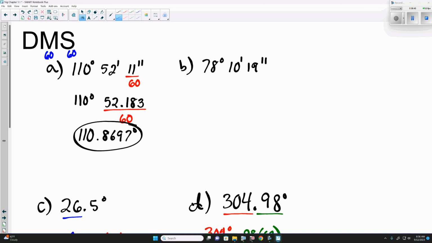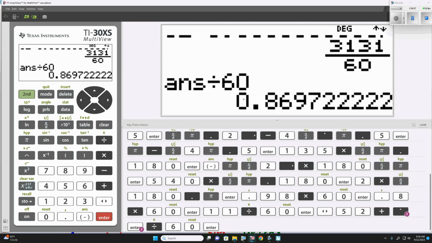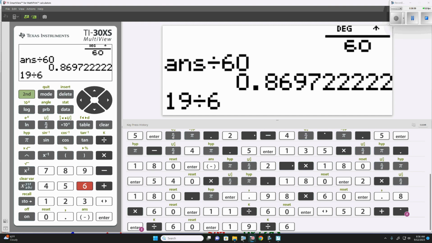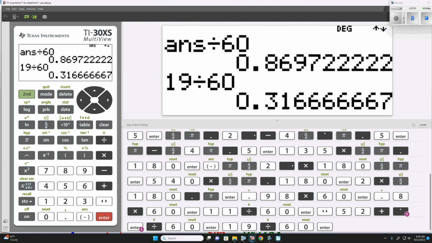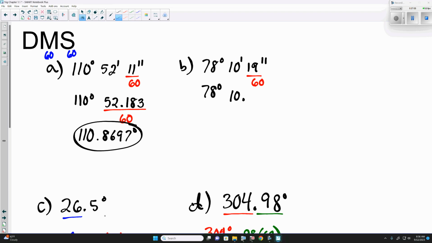Now for the next one, we can do the same thing. We can start off by dividing 19 by 60. So we'll still have the 78 degrees, but now our 10 is going to have a decimal point. 19 divided by 60 is, we can say, 0.3167.